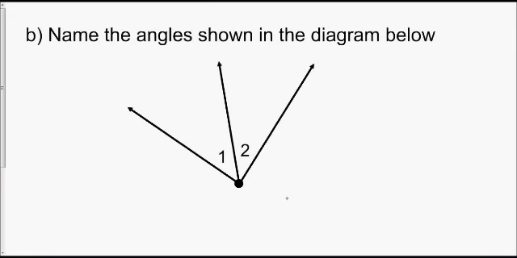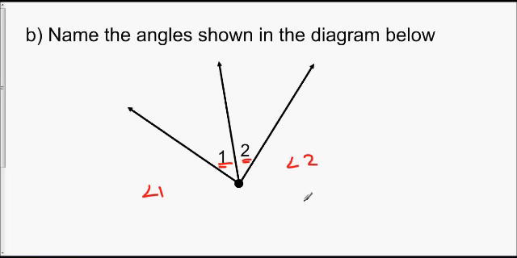A second way to name angles: sometimes your diagram will not have points labeled on the sides of the angle. It will only have a number or maybe a letter written inside the angle. So here, this is angle 1, and then this one is angle 2.